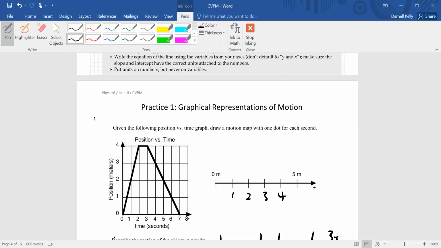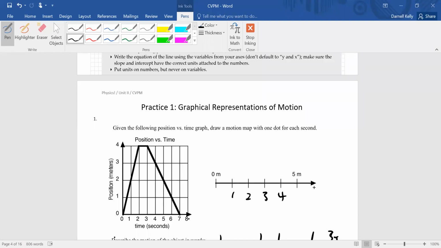And now we've gone to graph that data with position on the y-axis, which is the left column, and time on the x-axis, which is the right column. We represent that in a graph. So far we've done 3 steps with this data. We've collected it, put it in a data chart, graphed it, and now we're going to represent it as a motion map.